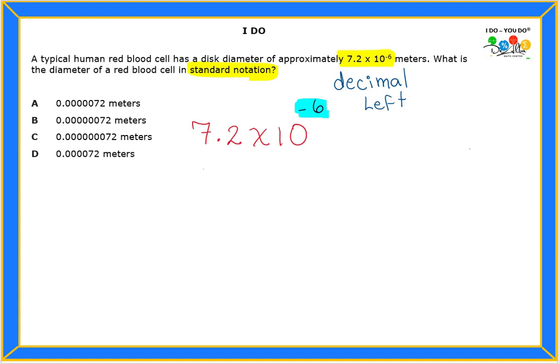Okay, so I'm going to write down my 7.2, and this is what it means. It means that I'm going to move 6 units to the left from where my decimal is. So this is my decimal here. I'm going to move it how many times? 6 to the left.